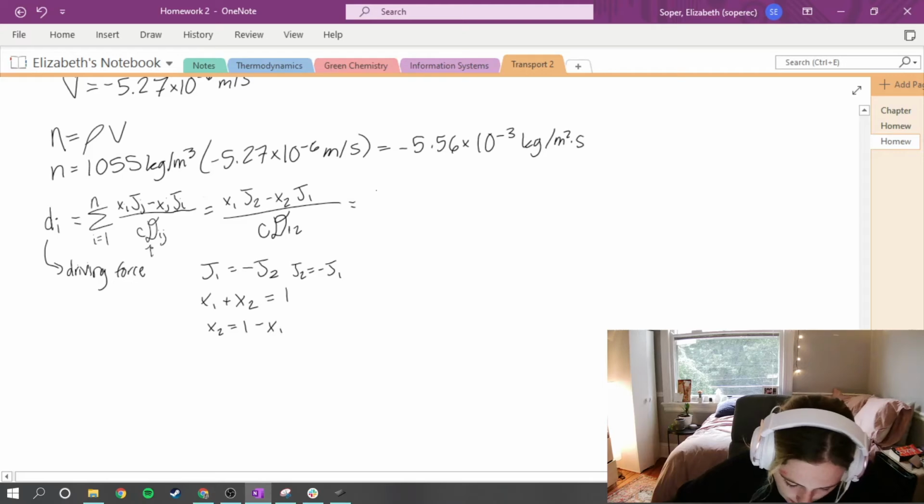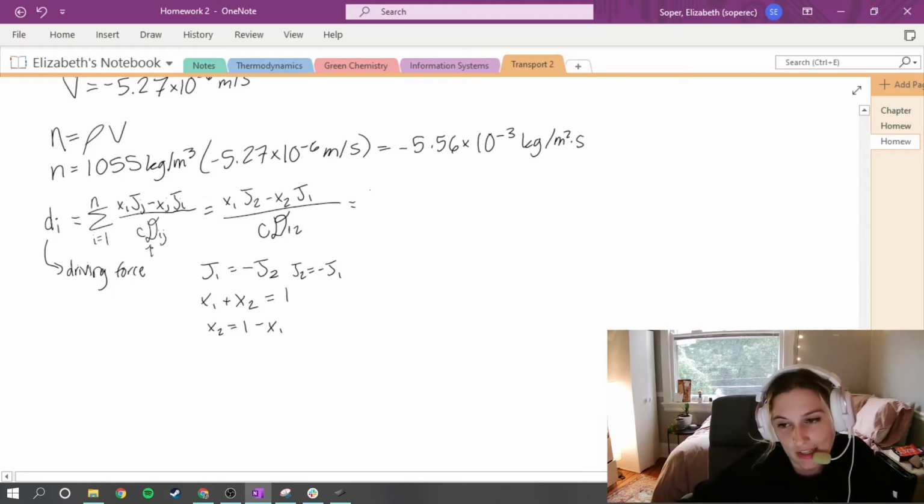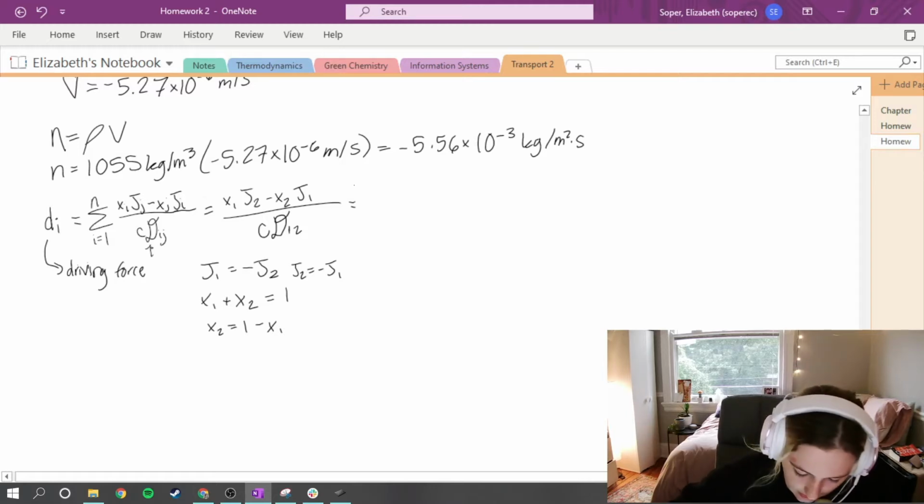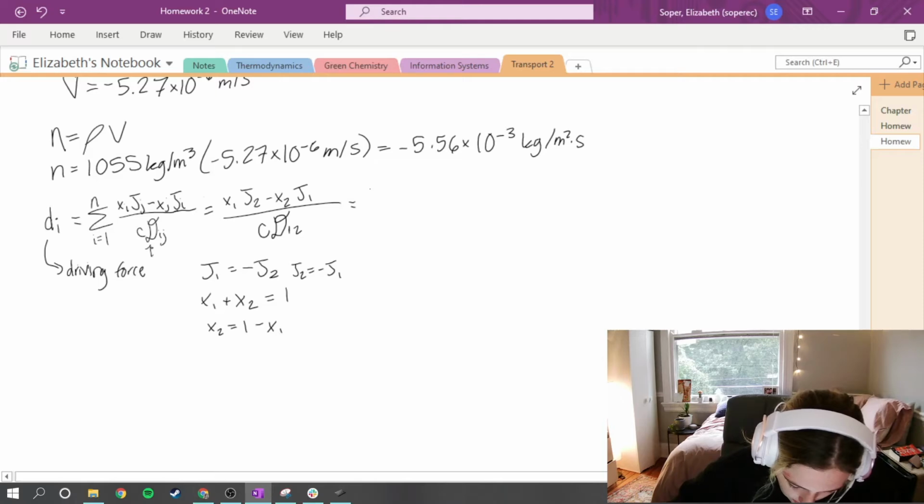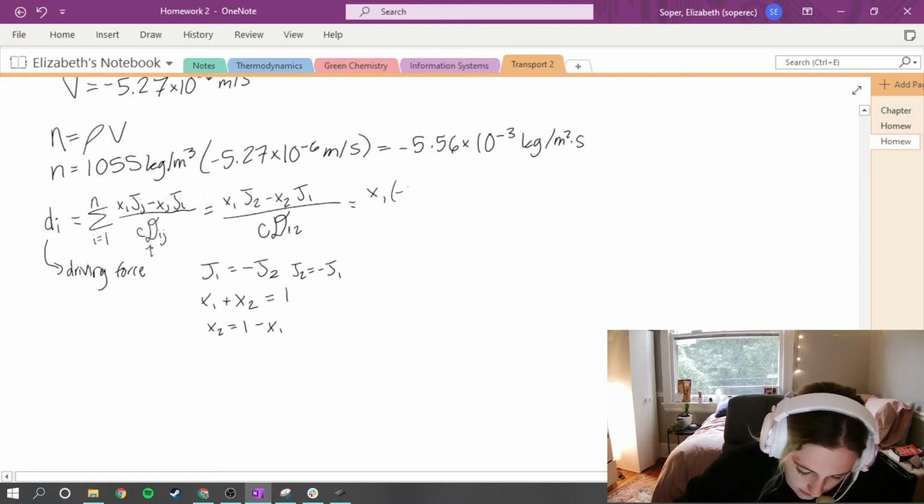So like I said, the x's are the molar fractions and the j's are the molar diffusive flux. So we have x1 times negative j1 minus 1 minus x1 times j1.